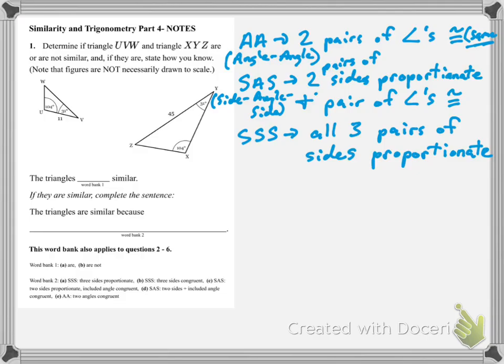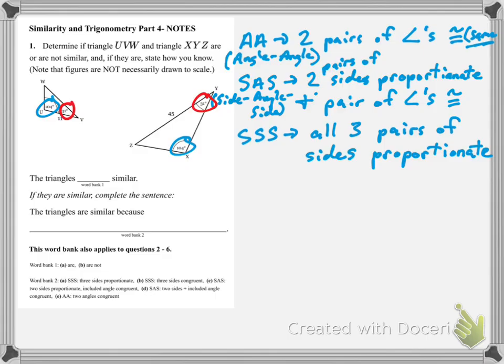It says determine if triangle UVW and triangle XYZ are or are not similar. If they are, state how you know. If I look at this, I have two pairs of angles here. I've got a 104 and a 104, and a 31 and a 31.